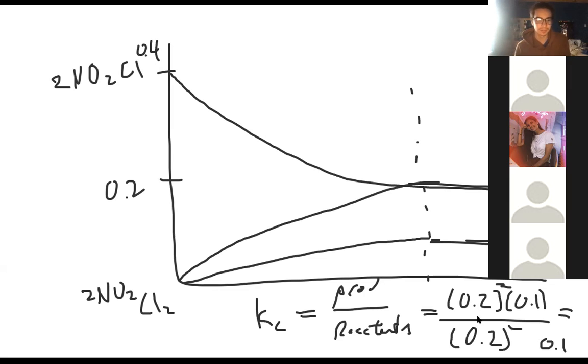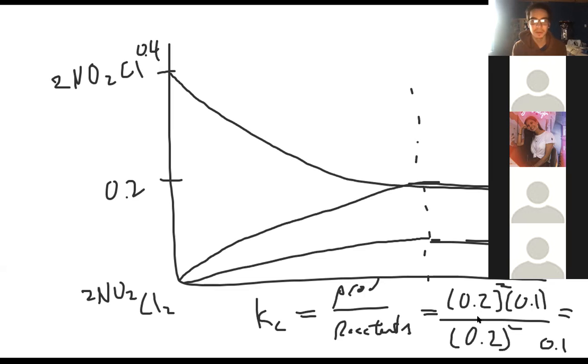So we're going to jump to the next page, 216, where it tells us a little bit more about Kp. Kp is basically the same thing as Kc, but this time we're only talking about pressure.